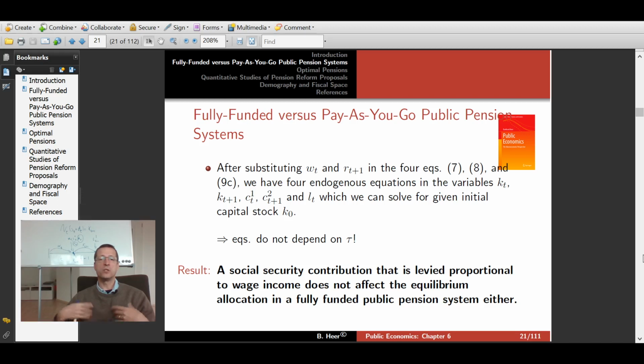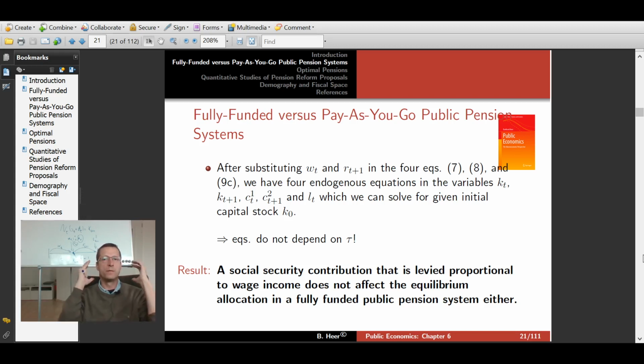And when we have initial conditions, so the capital stock at the beginning of period 0, when we start this economy, is given, then we can solve for all these endogenous variables, and none of it depends on tau because none of the 4 equations contains tau. So we have shown again that a social security contribution that is levied proportional to wage income does not affect the equilibrium allocation in a fully funded public pension system either.